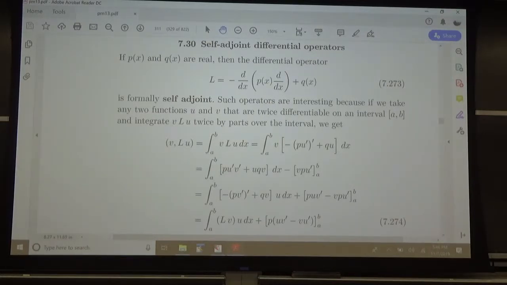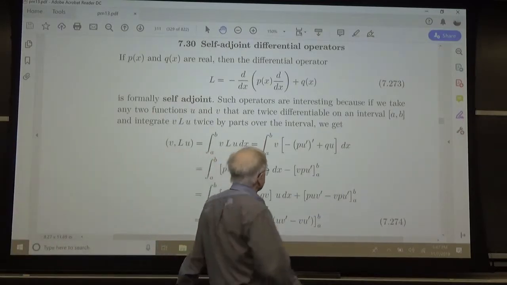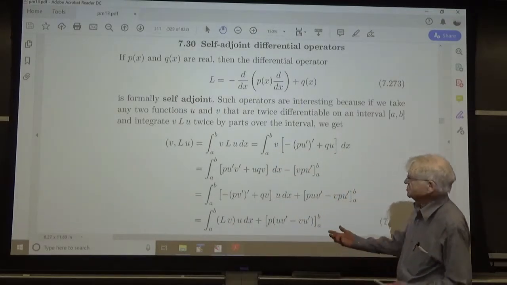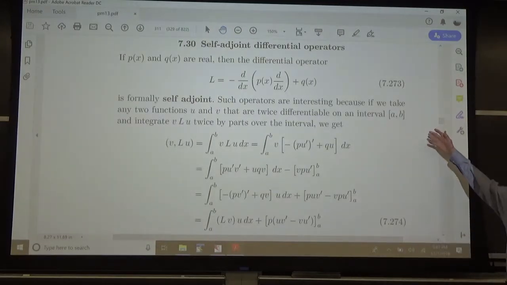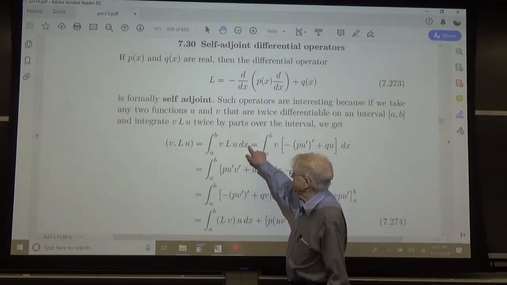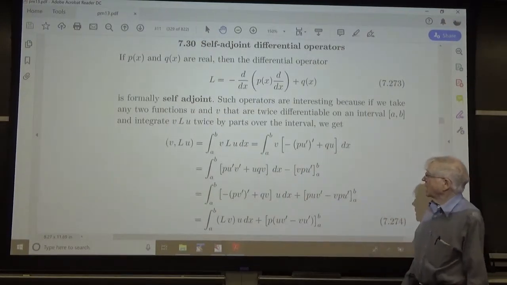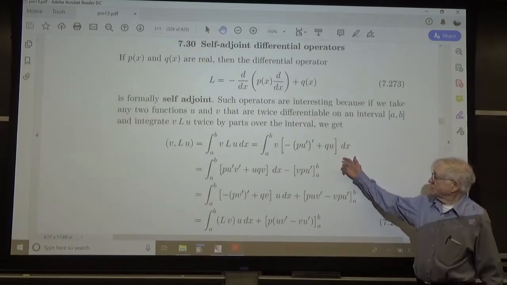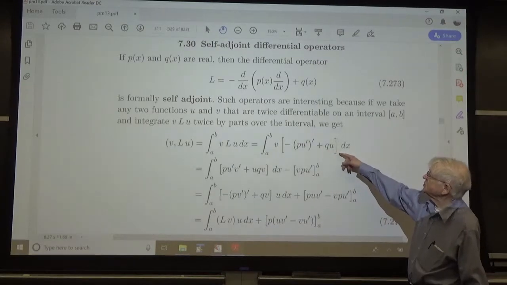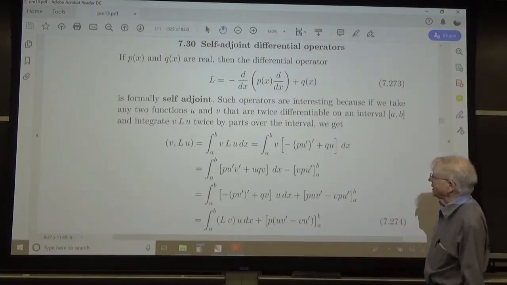And there are many nice properties of self-adjoint or formally self-adjoint differential operators. And the idea here is if you take any two functions u and v that are twice differentiable on an interval a, b, and you integrate v L u dx, well, what you're doing is integrating v times minus p u prime prime plus q u, that being L u.